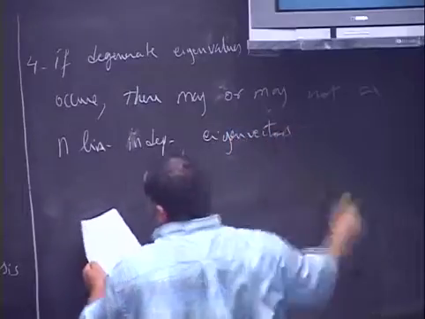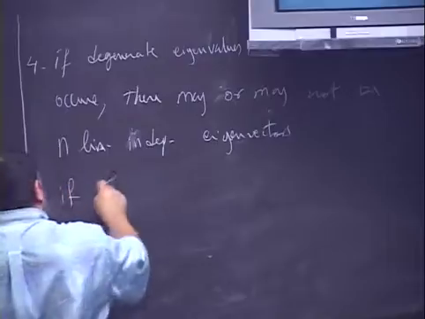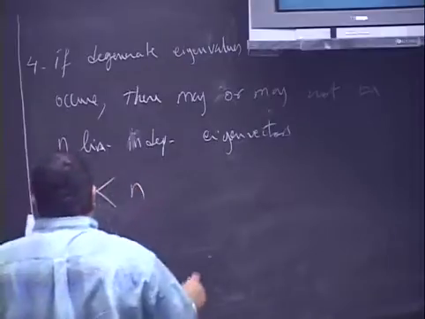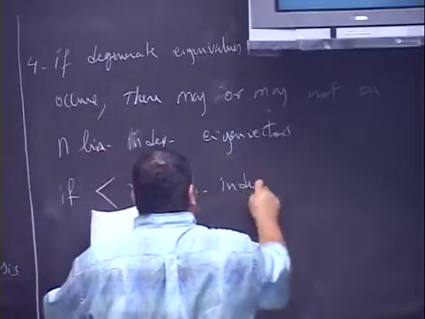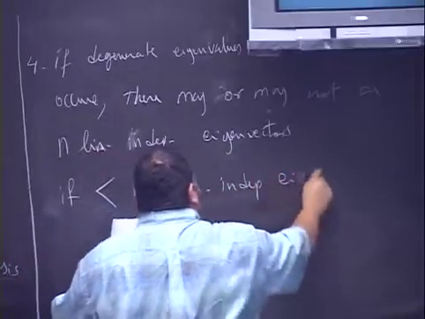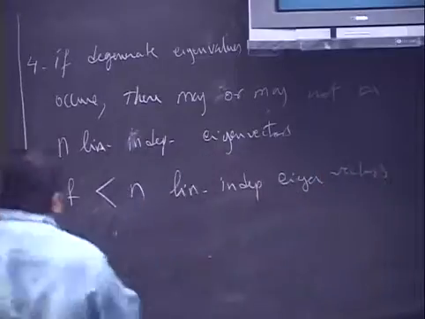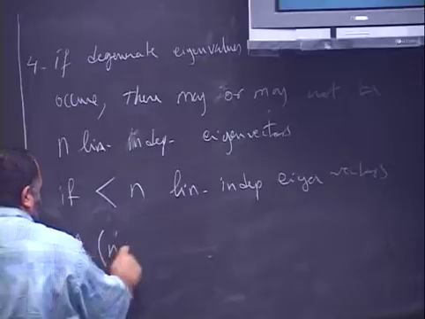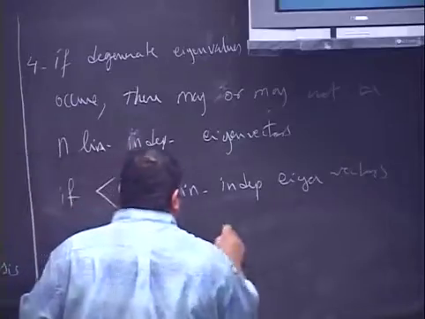If we have fewer than n linearly independent eigenvectors, the n by n matrix A will be called defective.